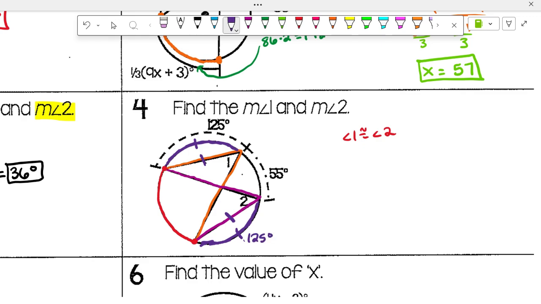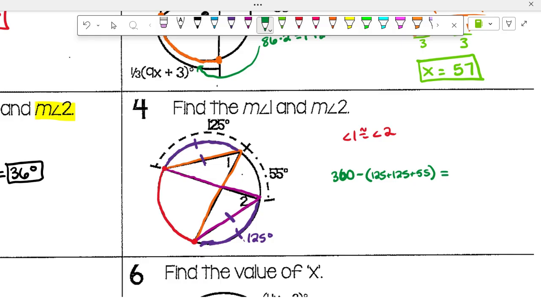So now do I have enough information to find the last arc? Yeah, how? Right, you subtract all three of those from 360. So 360 minus 125 plus 125 plus 55.